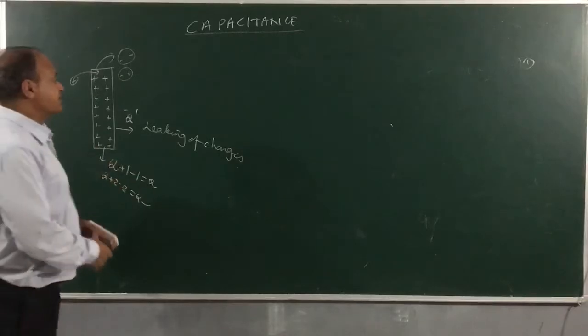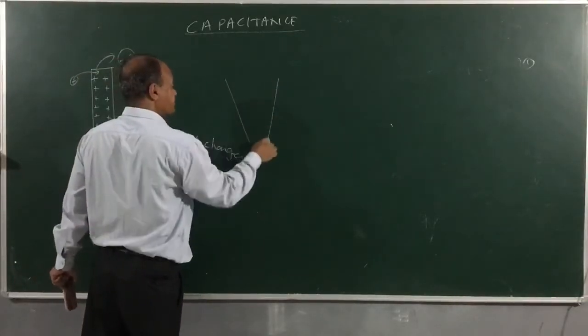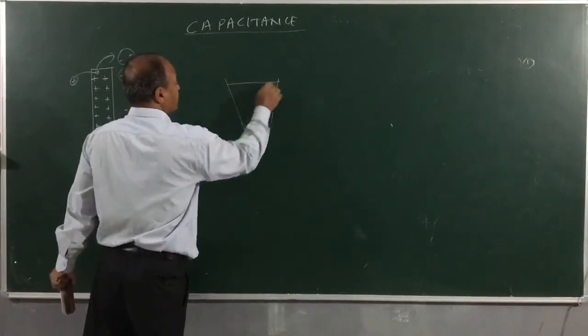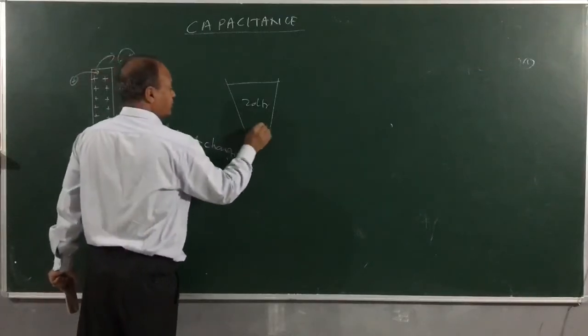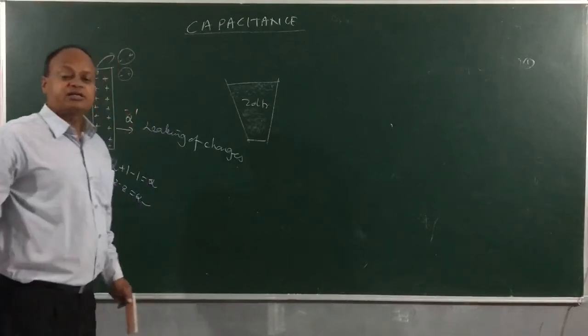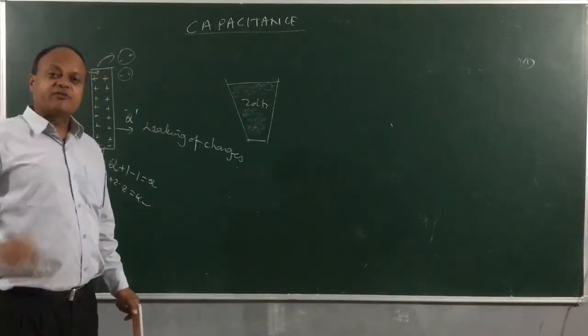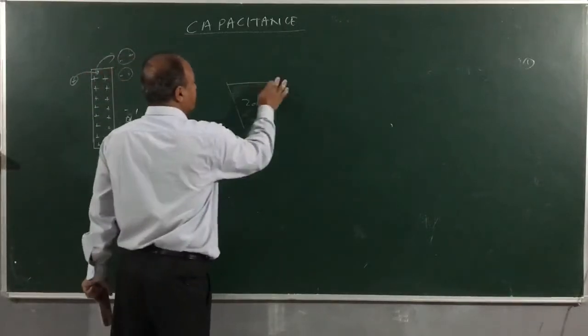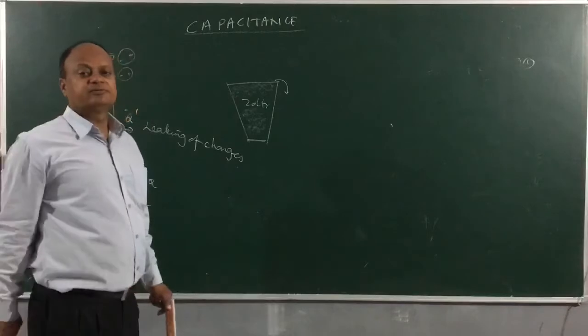Let's understand it like this. Suppose I have a bucket here. There is a bucket. And a bucket is 20 liters. Right? So you went and filled water in the bucket. And how many liters are filled in it? 20 liters. But even if you put 1 milliliter after 20 liters, what will happen? This water will overflow. It will discharge.